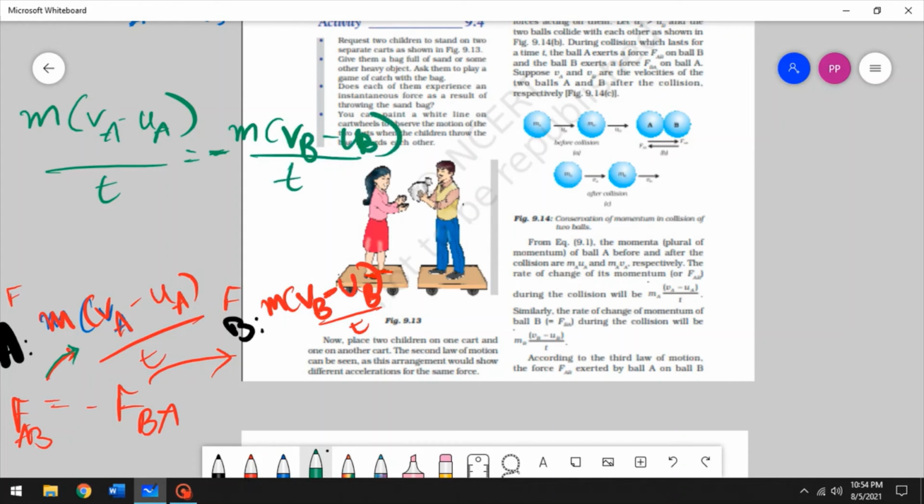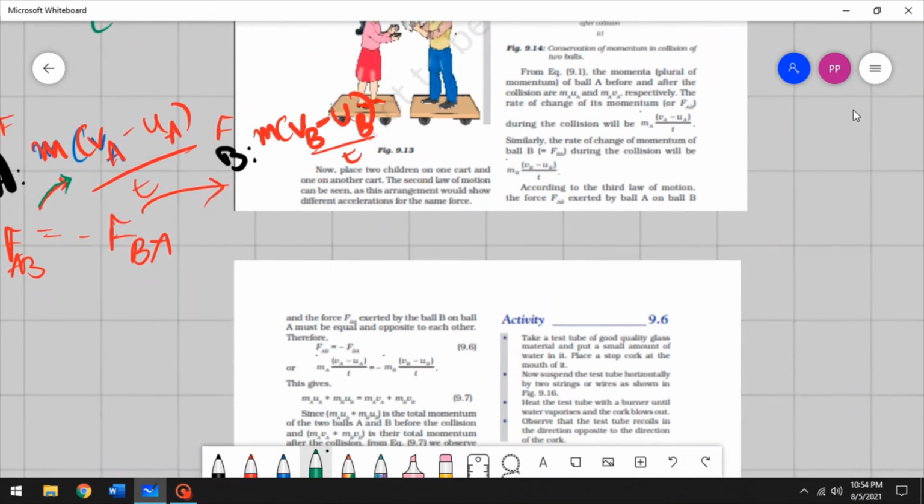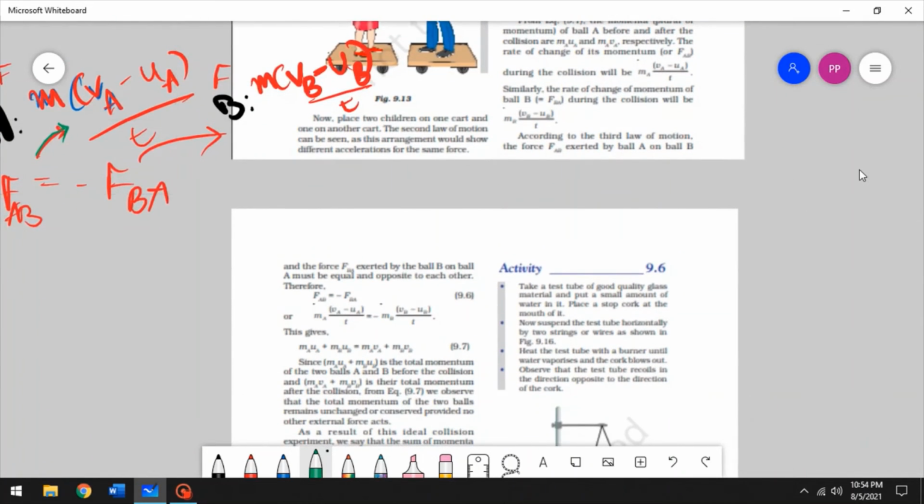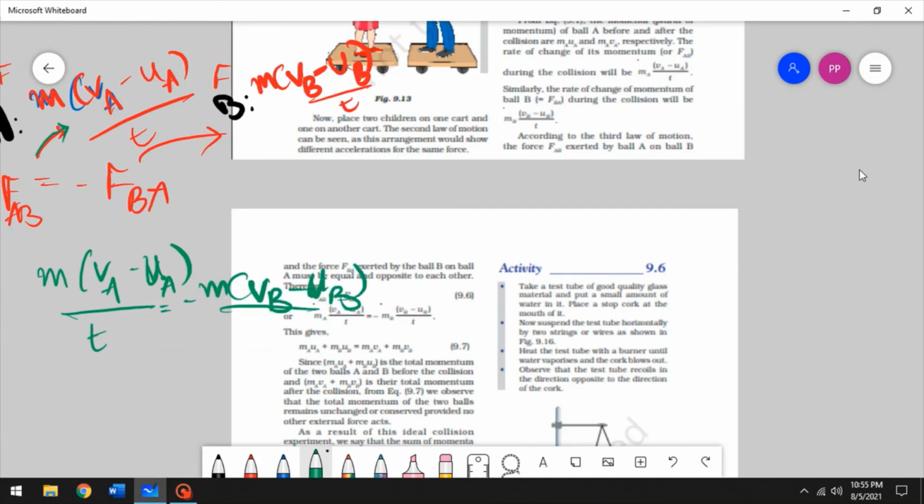Alright. Okay. So, once we're done with that, if we expand that equation, which is m (v_a − u_a)/t is equal to negative m (v_b − u_b)/t.